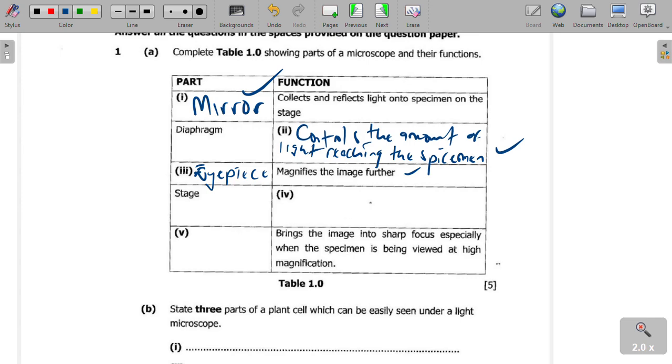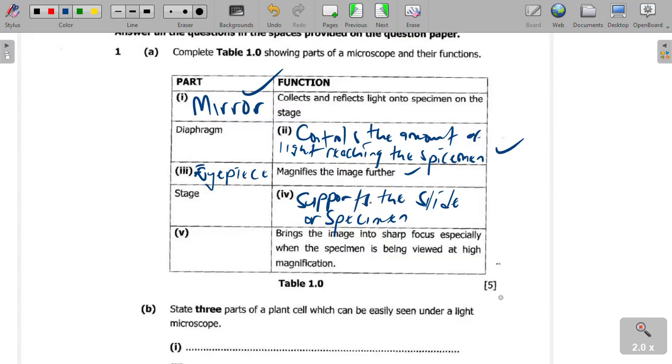The stage is where you put your specimen, so it provides support. You can write: supports the slide, or specimen.